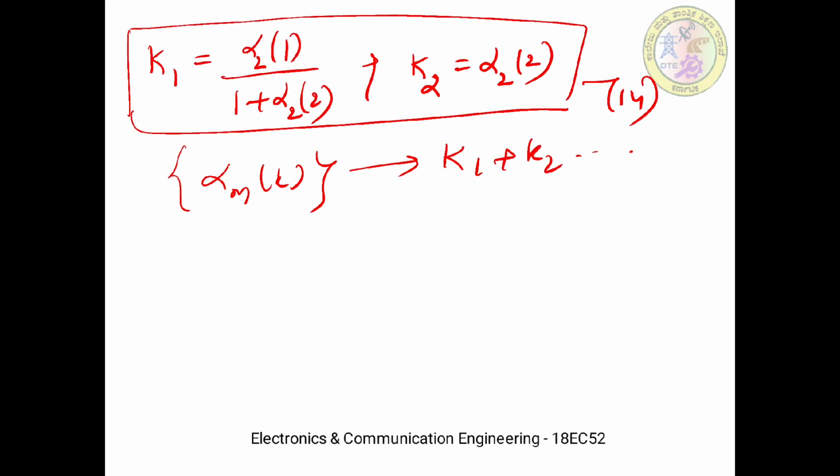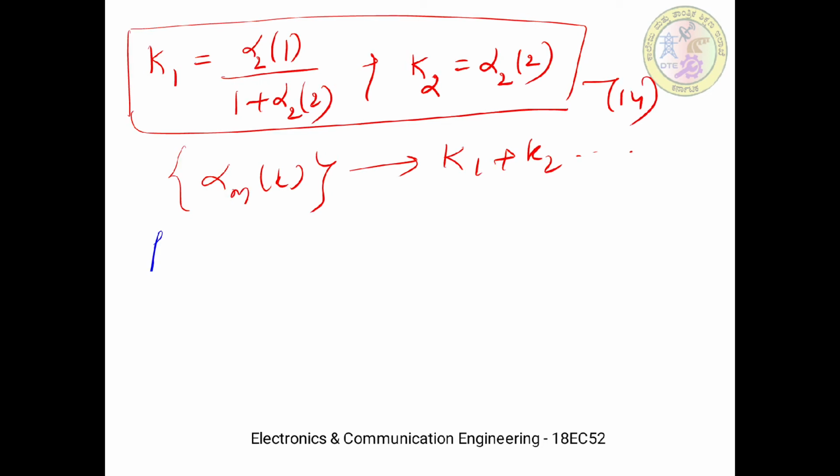Okay, so now continuing the same process, using the recursive equations it is further possible to go to the third stage, fourth stage, as well as the mth stage. So by continuing this recursive process, it is possible to derive the following recursive equations. What are those recursive equations?